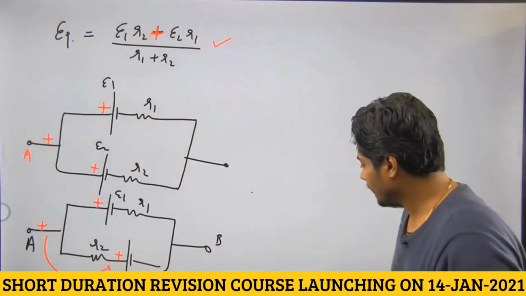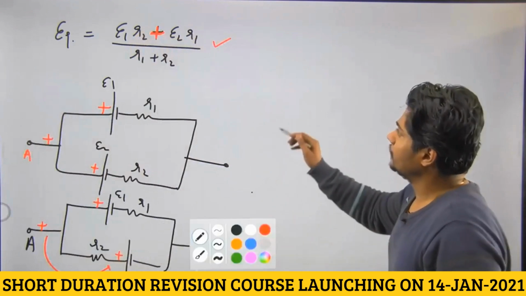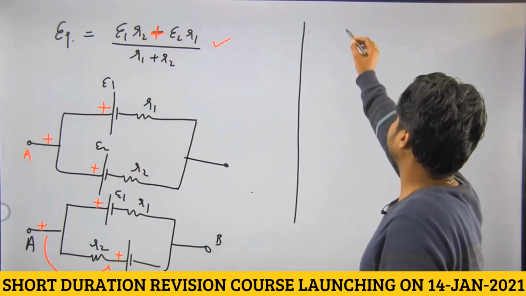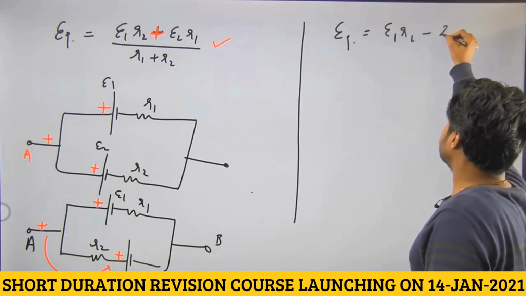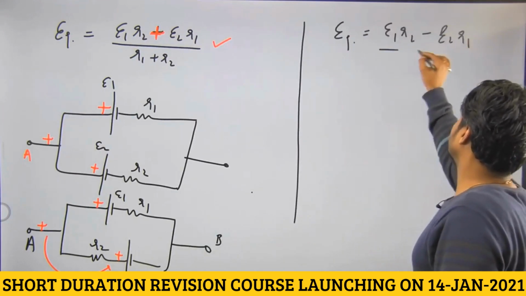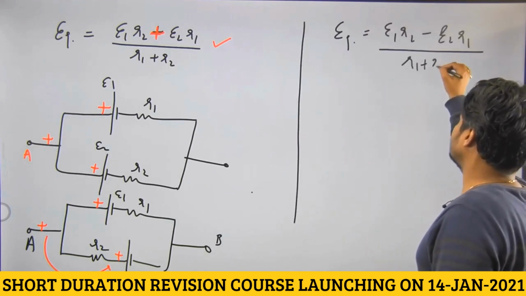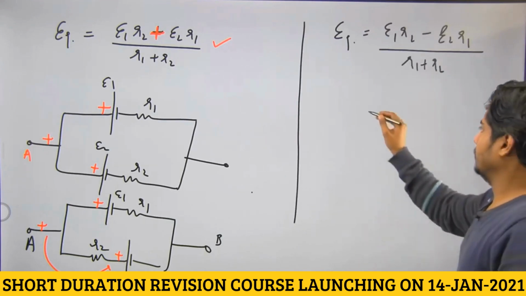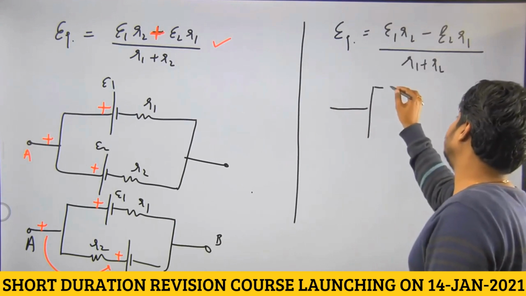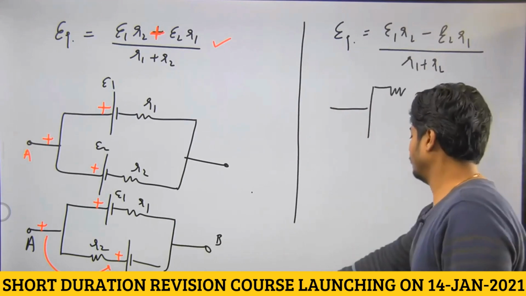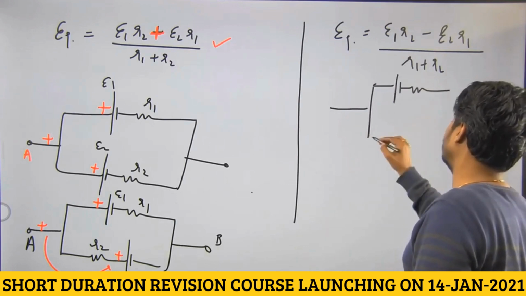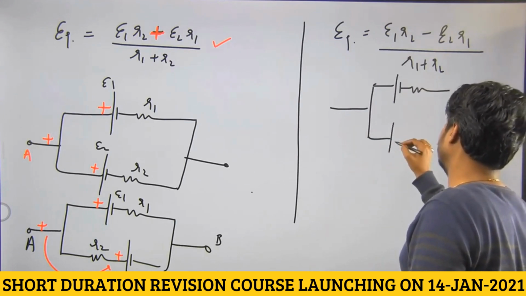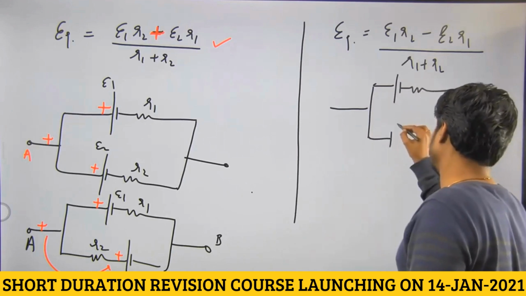So when do we have the minus sign? Of course, E equivalent will be (E1 R2 minus E2 R1) upon (R1 plus R2). In that case, consider a battery E1 with resistance R1 and this one.